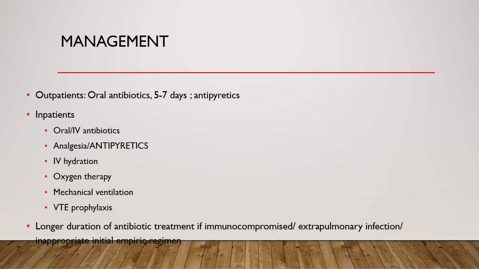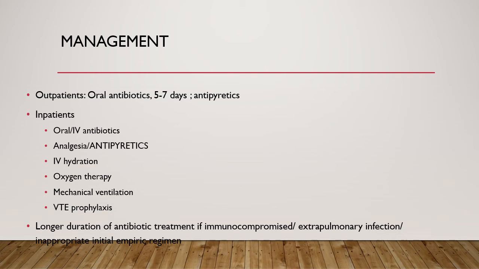Plus venous thromboembolism prophylaxis, because these patients are critical. They're kept immobilized in the hospitals. If they mobilize, they tend to desaturate. So prophylaxis is to be given if they are immobilized in the hospital for more than 3 days.